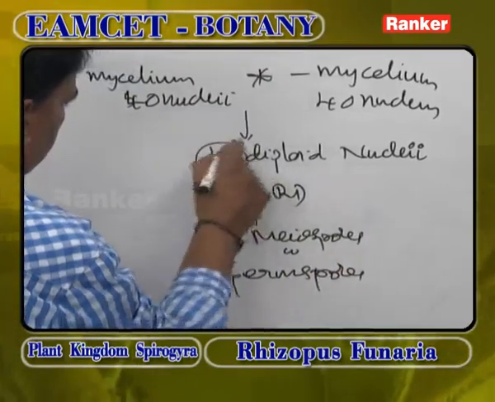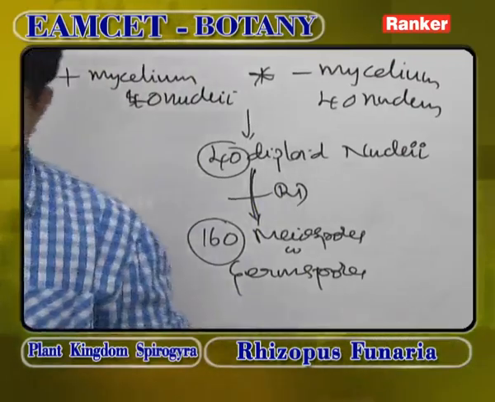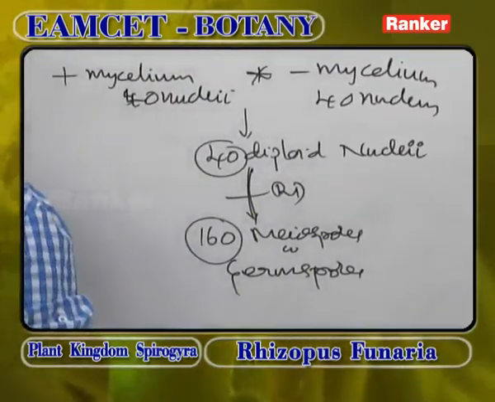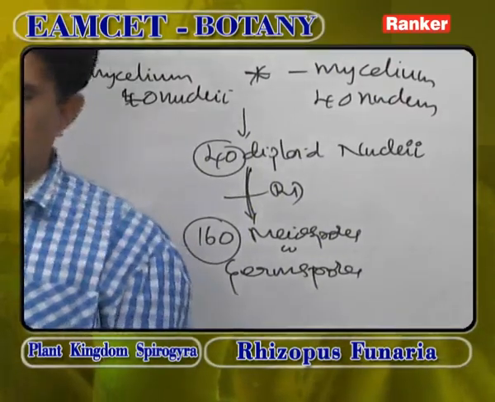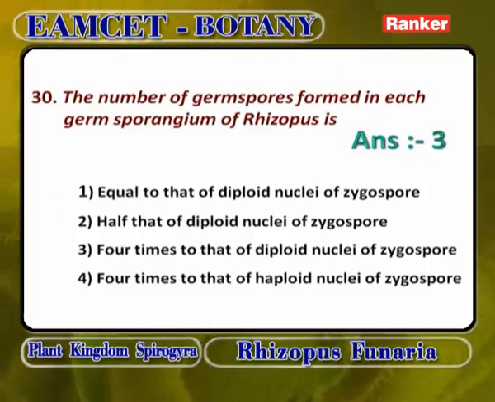So 40, 160. That means the answer here: equal to that of diploid nuclei of zygospore is wrong. Half that of diploid nuclei in zygospore is wrong. 4 times that of diploid nuclei of zygospore is correct. 4 times that of haploid nuclei of zygospore is wrong. So the correct answer is 4 times that of diploid nuclei of zygospore.